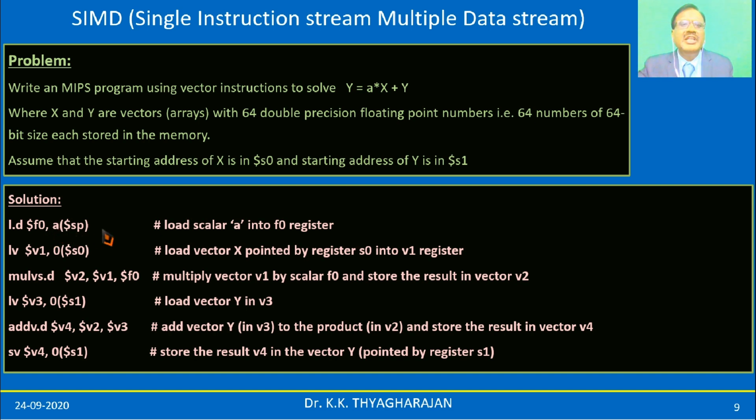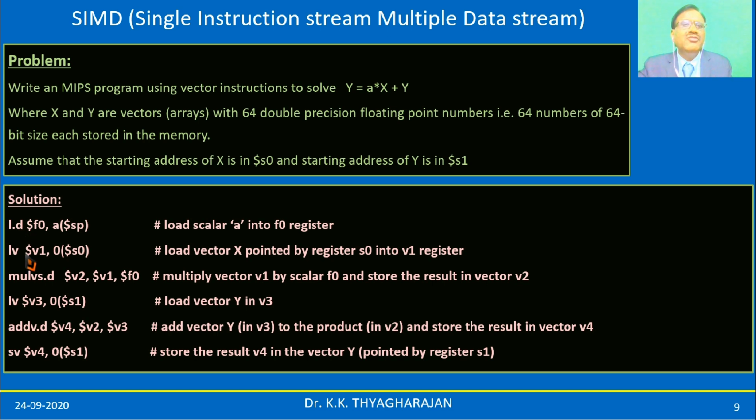A within brackets $SP will provide the address of the scalar. From that, the scalar value will be taken and loaded into F0. Actually, here you have to specify that the scalar is a double precision value. So you have to put L.D. This D indicates that the scalar is a double precision value.